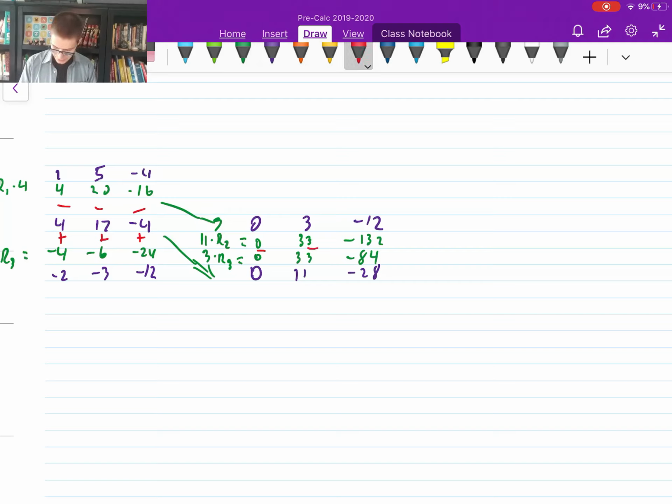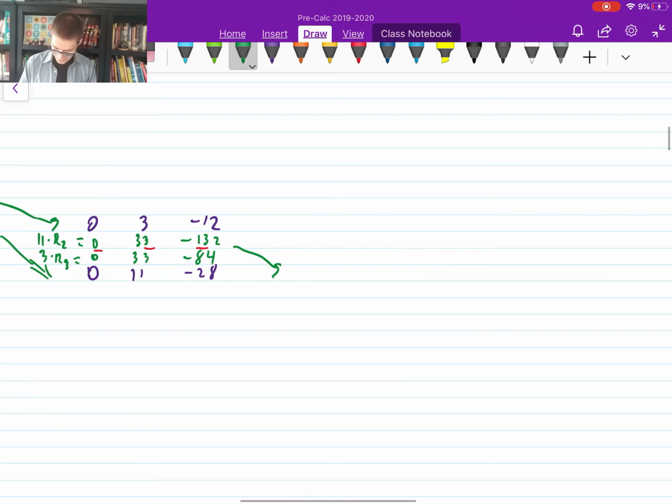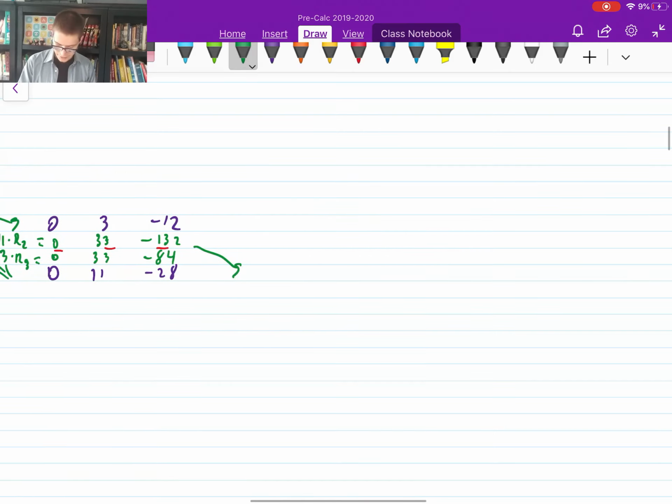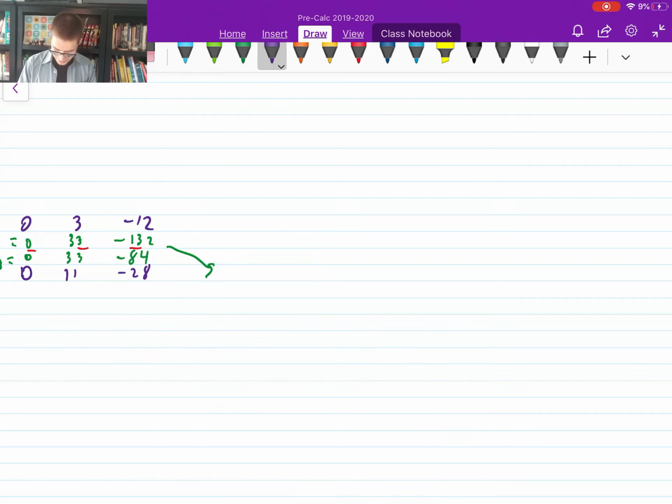Subtract, and that's going to go down to the bottom row, because we want to get rid of that 11. We're trying to fix the bottom row. So that gives us, let's see, 0 minus 0 is 0. Negative 33 minus 33 is 0. Negative 132 minus a negative 84.